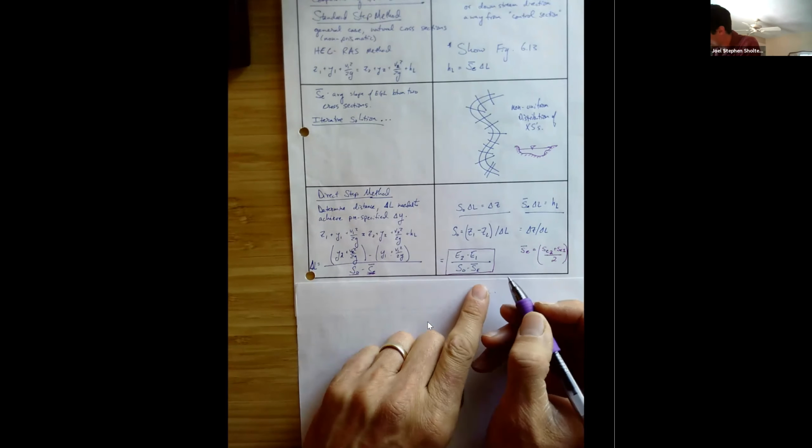And I should add here that this S_E bar is, if we go to Manning's equation and solve for friction slope, then we calculate that at the two different cross sections that we're analyzing and take the average.